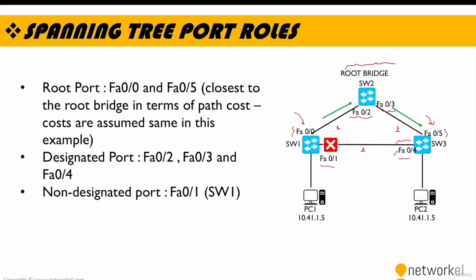Okay, those are the designated ports. And I have one non-designated port that is the blocked port, which is Fast Ethernet 01 for this example. I will go through other examples as well. Just bear with me. You need to have a good understanding when we end this session.